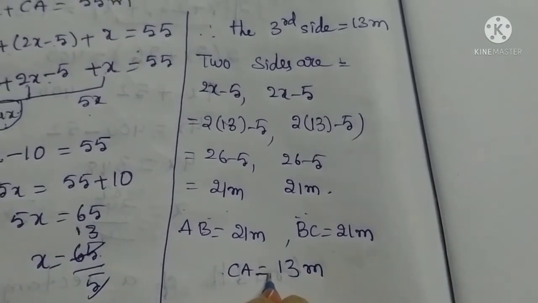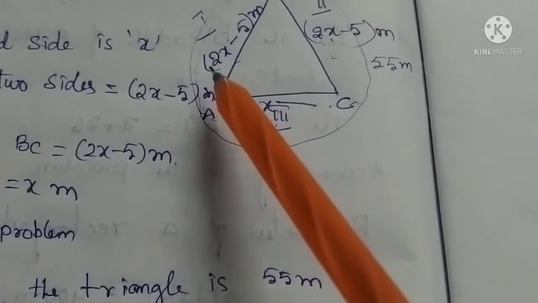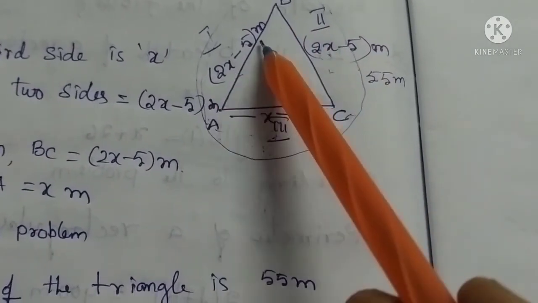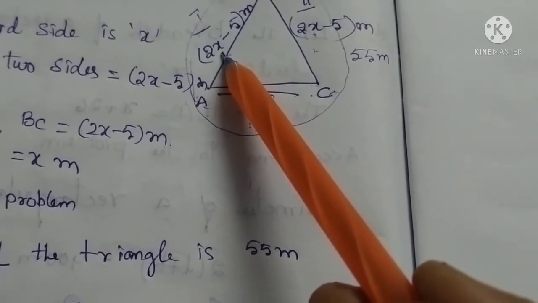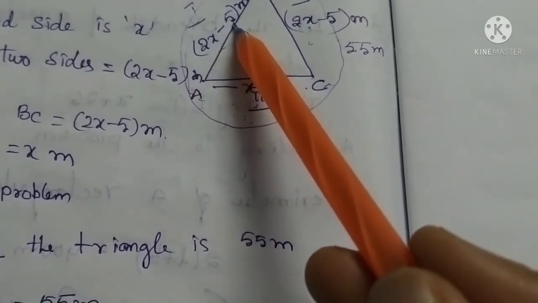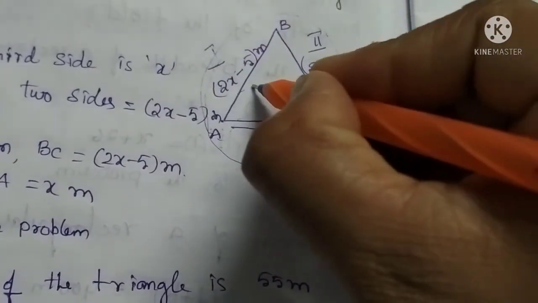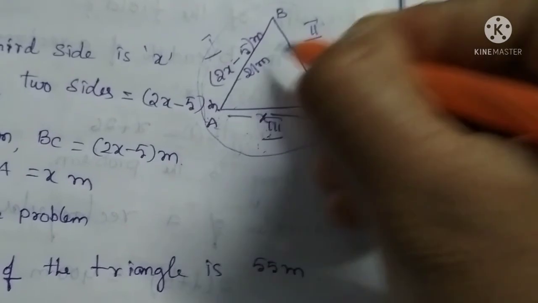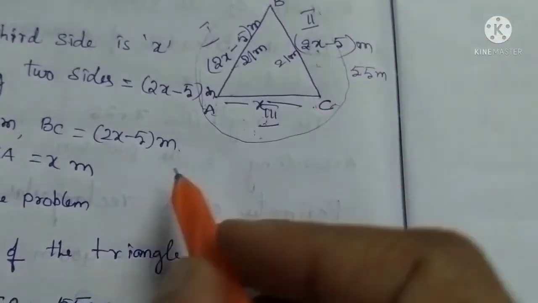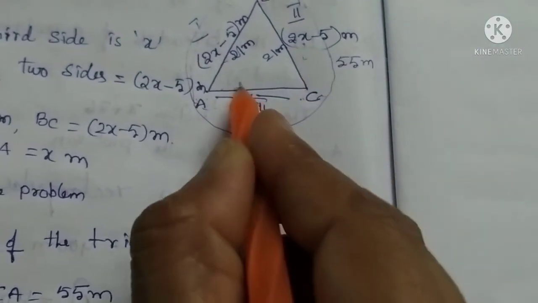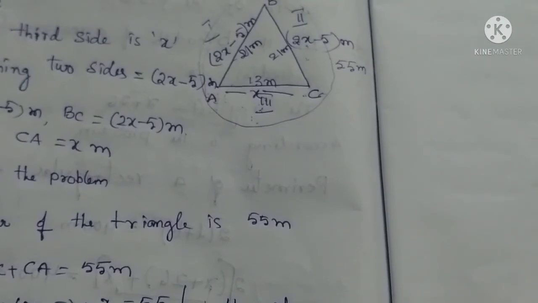AB is 2x minus 5, with x as 13, 26 minus 5, 21. So AB is 21 meters, BC also 21 meters, and x is 13 meters.